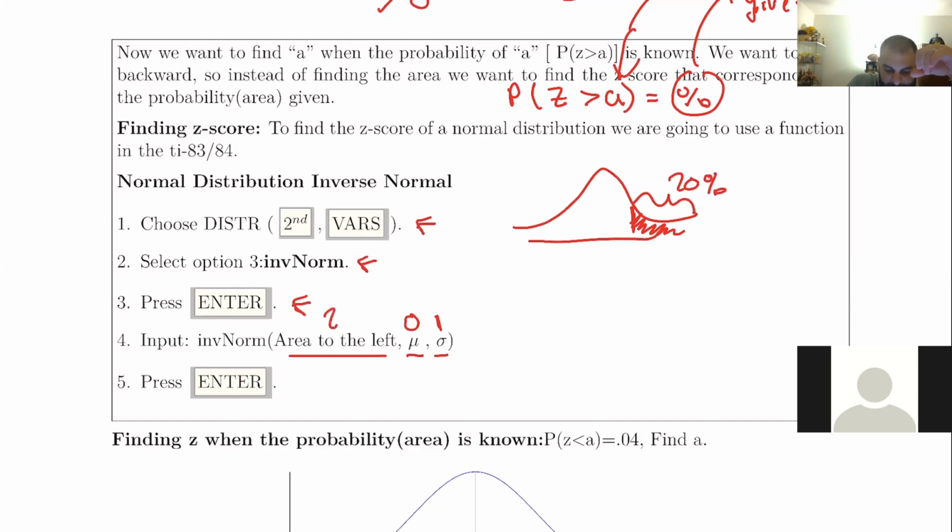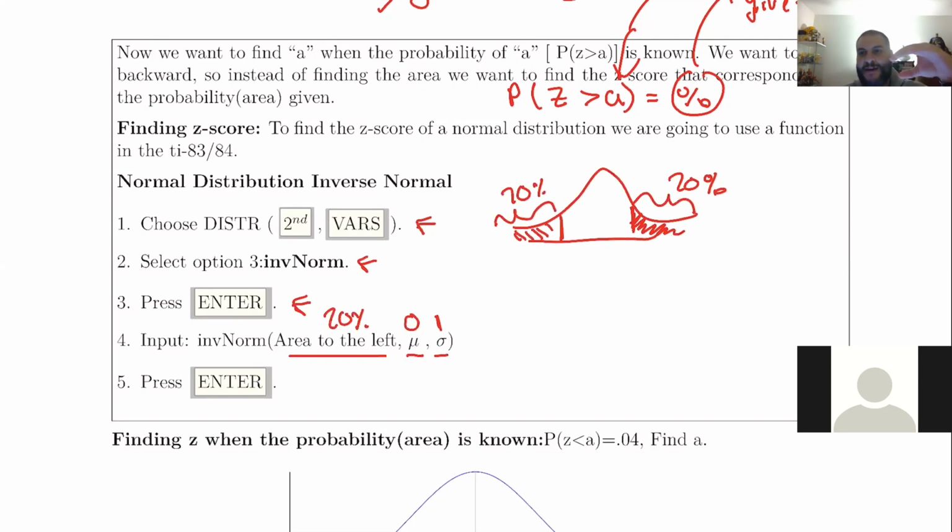If you were to enter 20% right there, it will give you the wrong answer, because what it understands is that you want the bottom 20%. So that's how the calculator thinks about it.